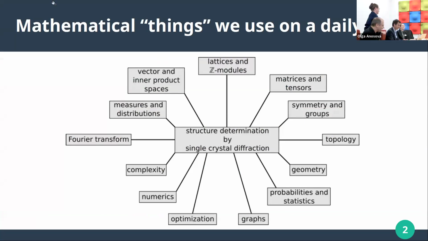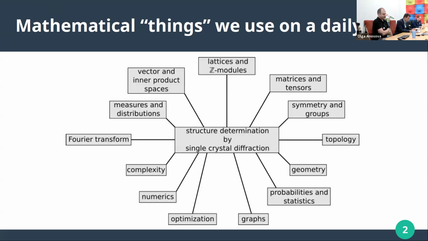Technical problems. So I was just thinking, how does what I do relate to mathematics and to computer science, and was just brainstorming. It turns out I was surprised how many different mathematical topics we're using for single crystal structure determination. There are too many to talk about in one slide.